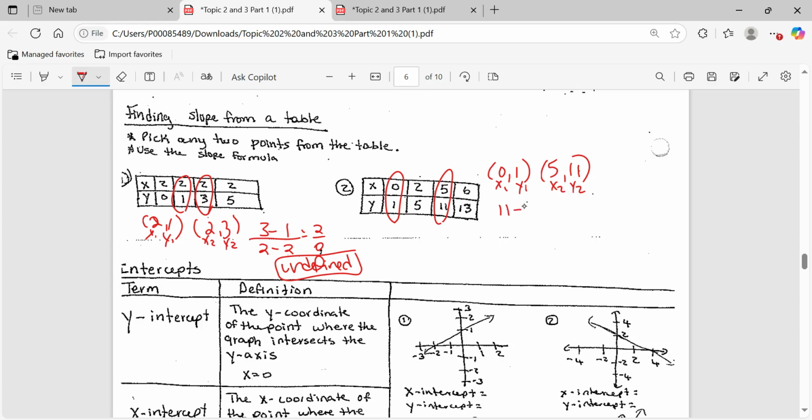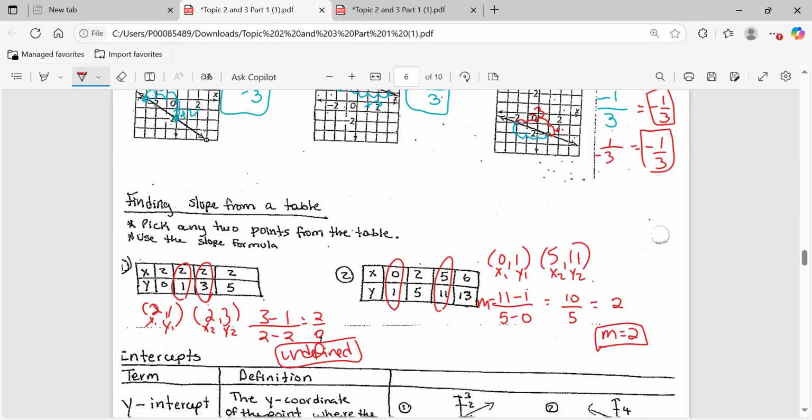So 11 minus 1 divided by 5 minus 0 is going to be equal to 10 divided by 5, which is 2. So my slope is equal to 2. All right, that's it for slope.